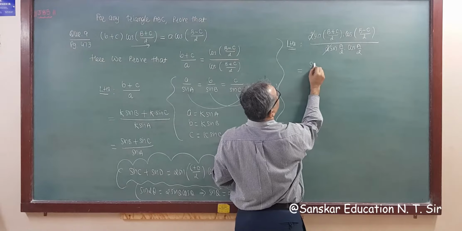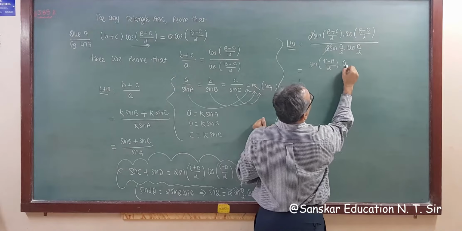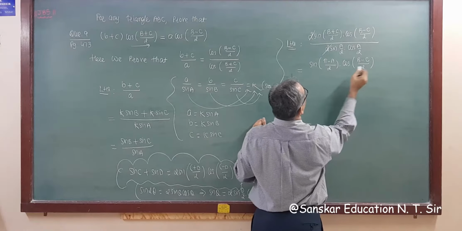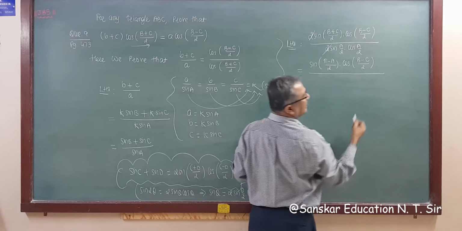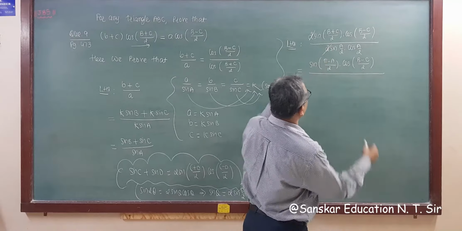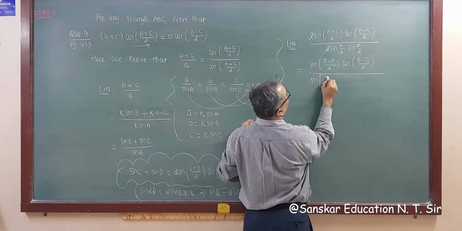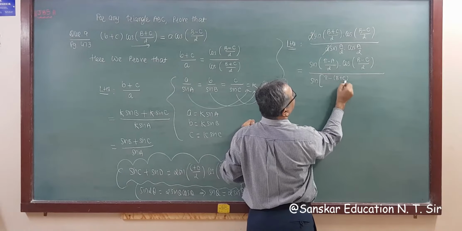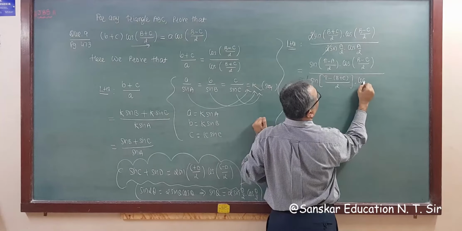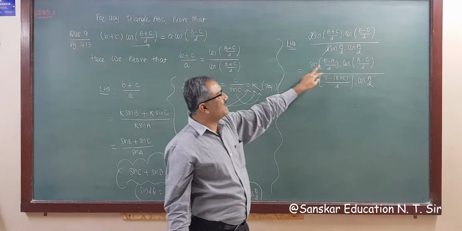So this is sin((pi minus a)/2) into cos((b minus c)/2), whole upon this is sin(a/2) into cos(a/2), because the answer of this is a by 2.